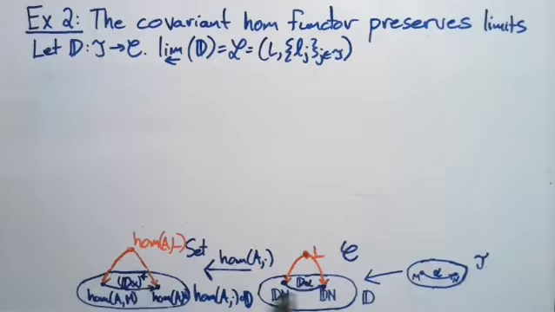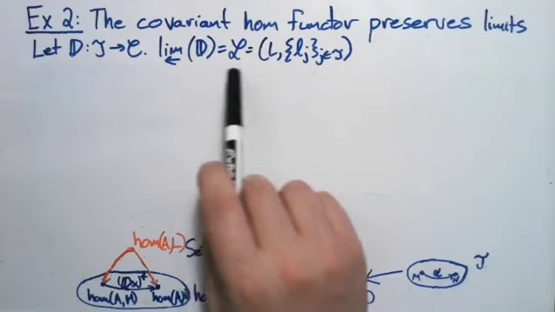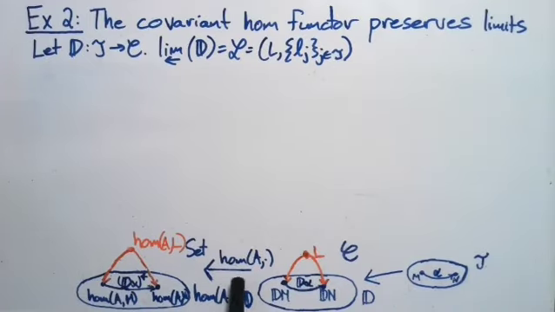So we need to show that the image of L under the hom functor here, the covariant hom functor, is also a limit over this diagram, hom(A, -) after D.